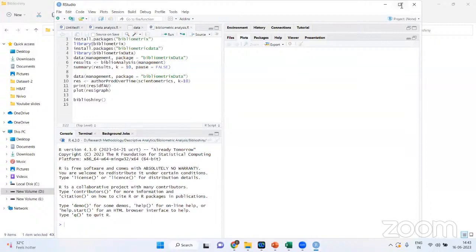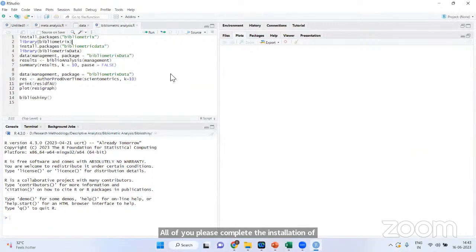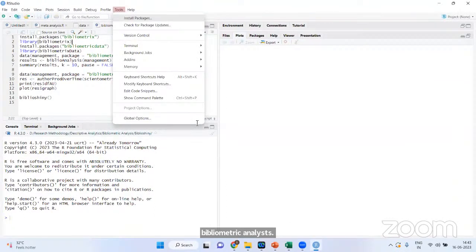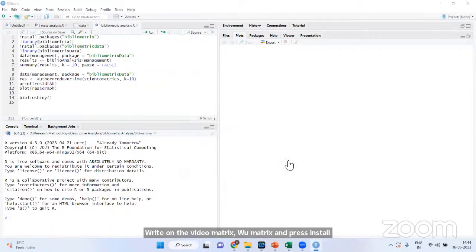All of you, please complete the installation of bibliometrix. Go to Tools, Install Packages, make sure that your internet connection is on, write down bibliometrix, and press install. Complete this part. Once the installation is done, write down done in the chat box.